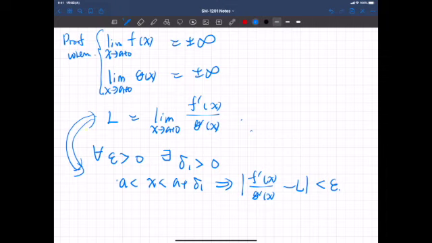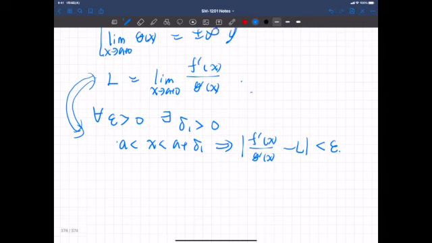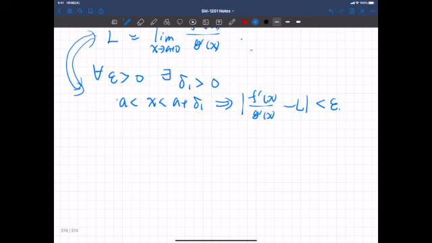Now from these given conditions, as x approaches a from the right, g of x is plus or minus infinity.